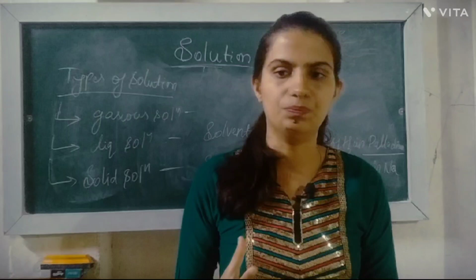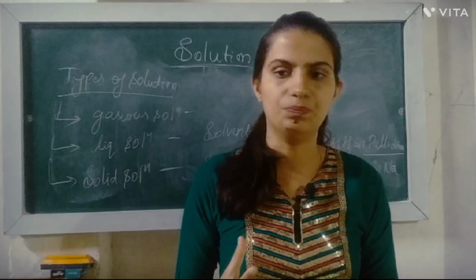So this is an example for mass percentage. Wherever they ask 15% W by W, it means 15 gram of glucose in the remaining 85 gram of water, you get a 100 gram of solution.